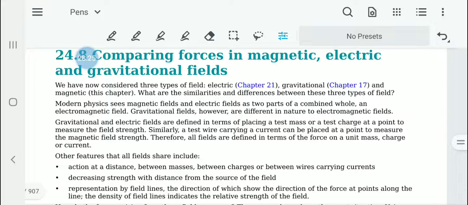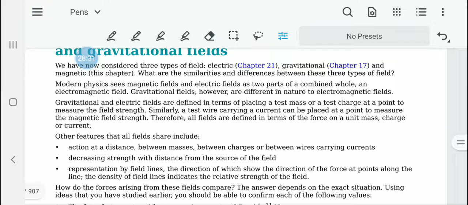These 3 types of fields share the following properties.